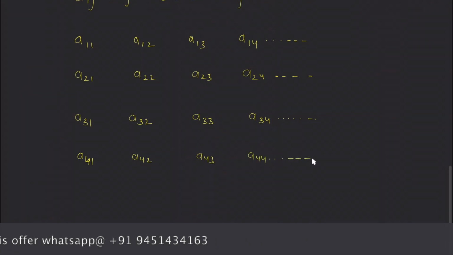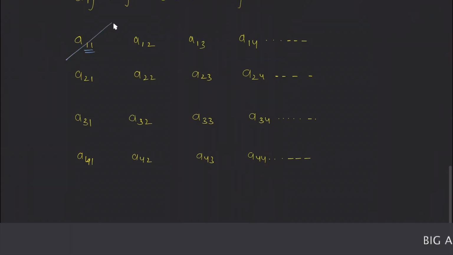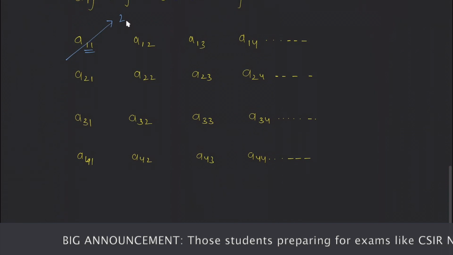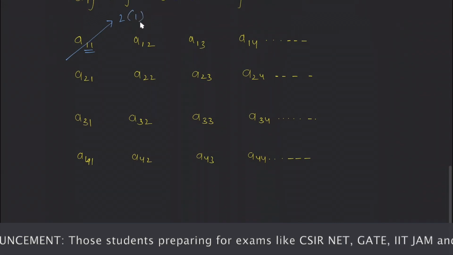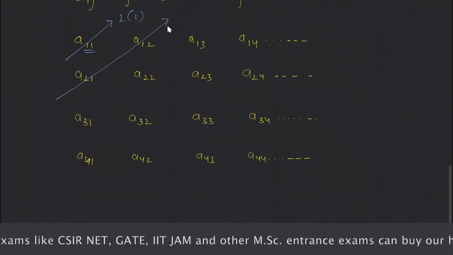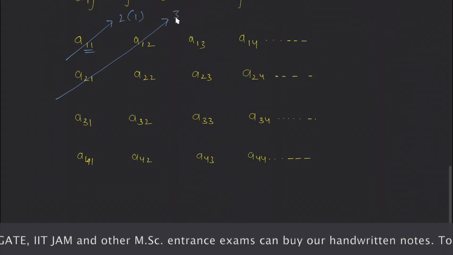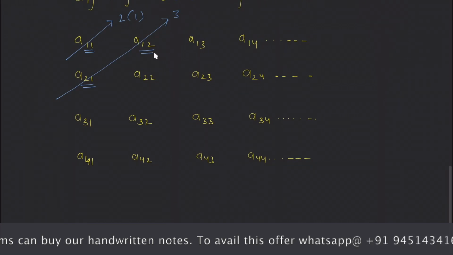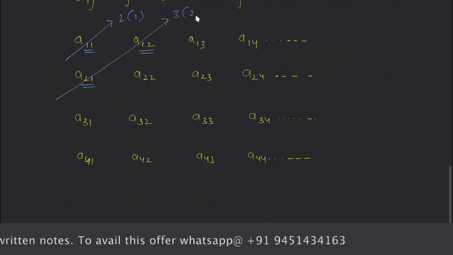Now the sum of the suffix is 2 here. You can see that 1 plus 1 is 2. So the sum of suffix is 2 and the number of elements with sum of suffix 2 is only 1. Now for these two elements, the sum of suffix is 3. You can see that 2 plus 1 is 3 and 1 plus 2 is 3. And for the sum 3 we have 2 elements only.